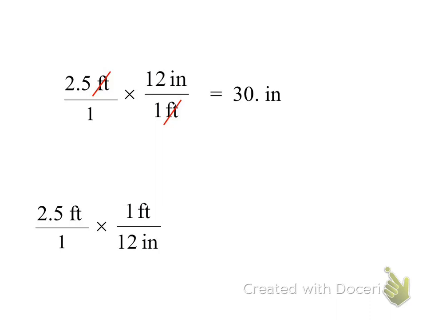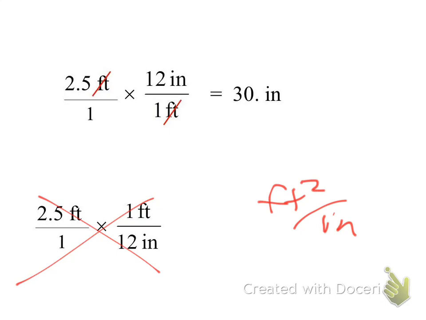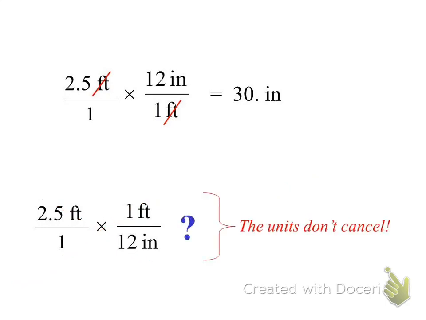Feet. Feet squared, right, in the top per inch. So the beauty of writing this out like this is you know that that's wrong. That's my point. Don't try to put a square peg in a round hole.